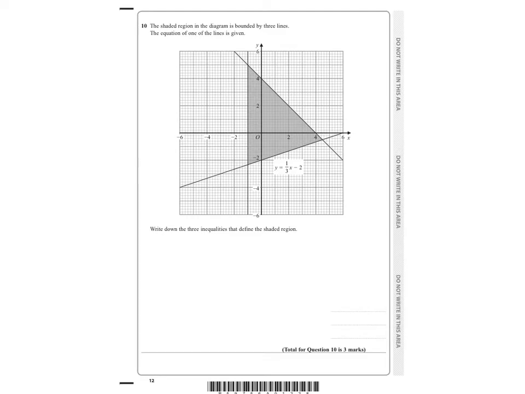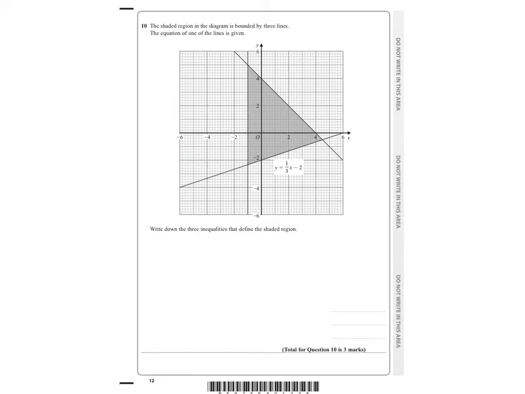Perfect. Right, question number 10, inequality regions. So, it wants us to write down the 3 inequalities that define the shaded region. Now, they've already given us this line here. They've already given us y equals a third x minus 2. Now, the region we want is above the line, okay? If it's above the line, that means that y has to be greater than or equal to.